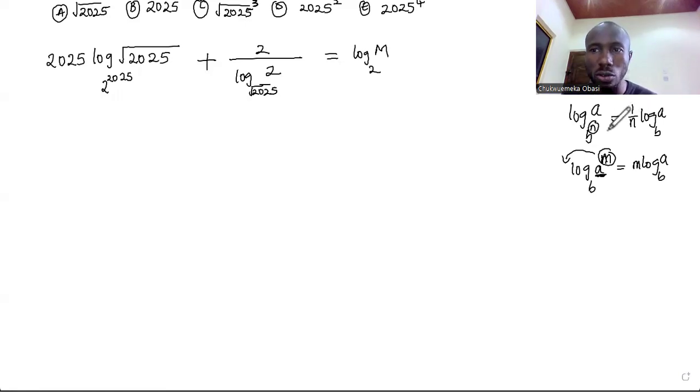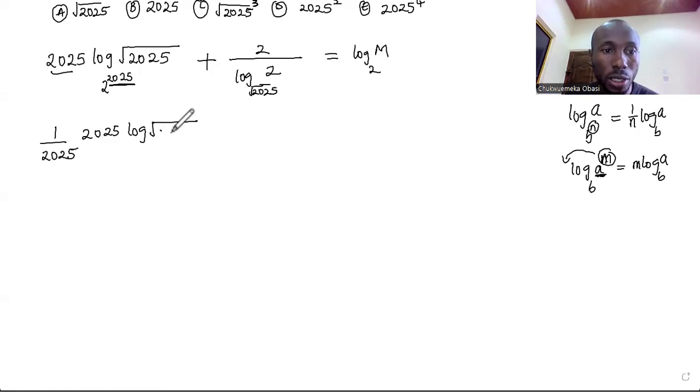So if you're thinking what I'm thinking, you definitely see what is going to happen right here. Okay, so let us go to this problem. Now we know we have 25 here. See what's going to happen. We're going to have this 25 come behind the logarithm as 1 over 25. So that becomes 1 over 2025, sorry, times what we now have here, which is 2025 log the square root of 2025 base 2.